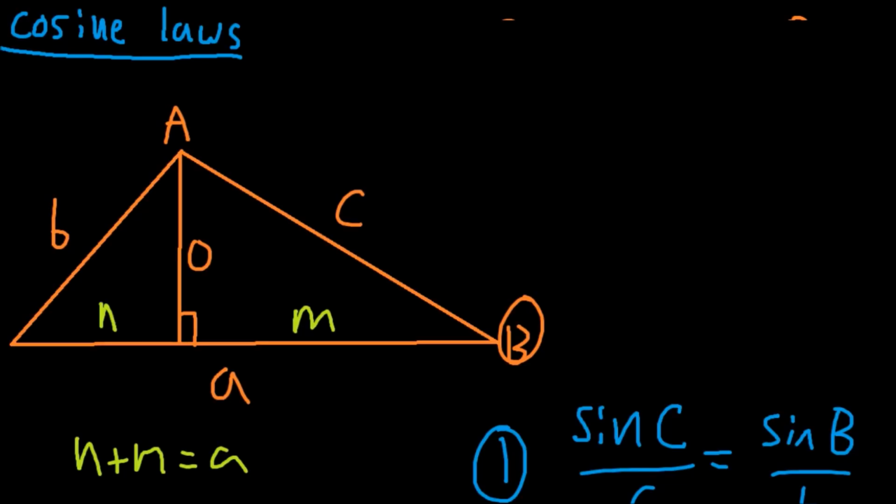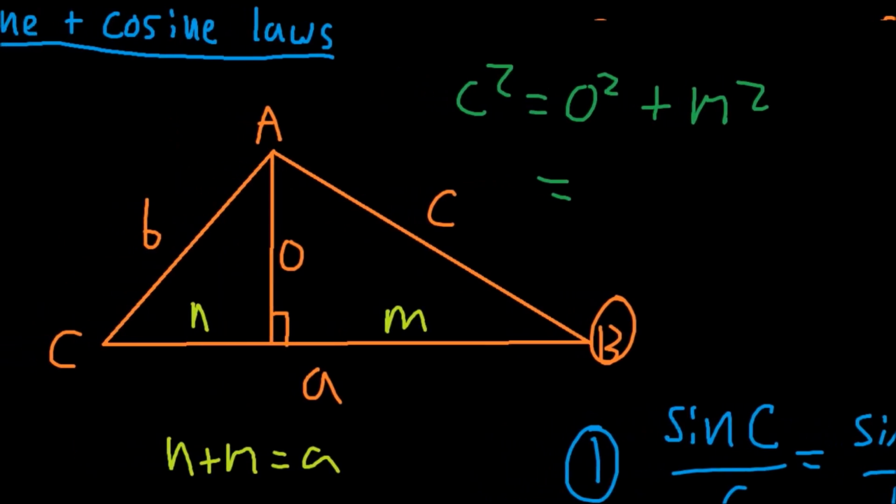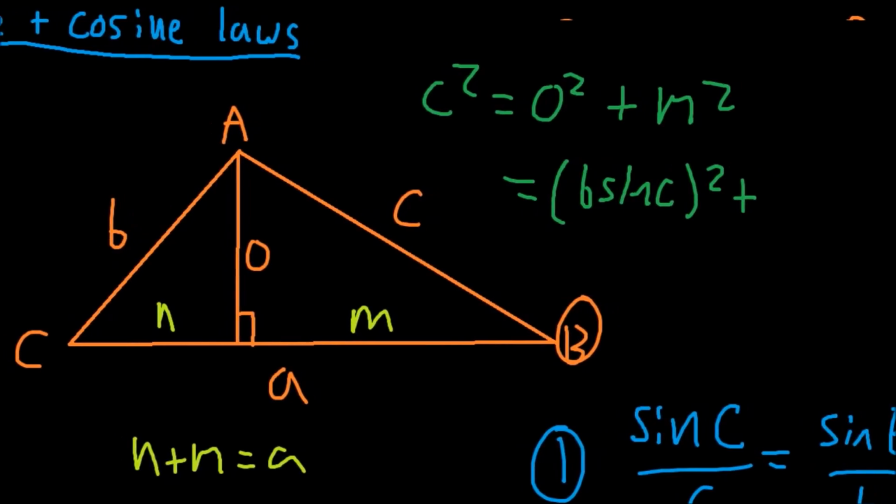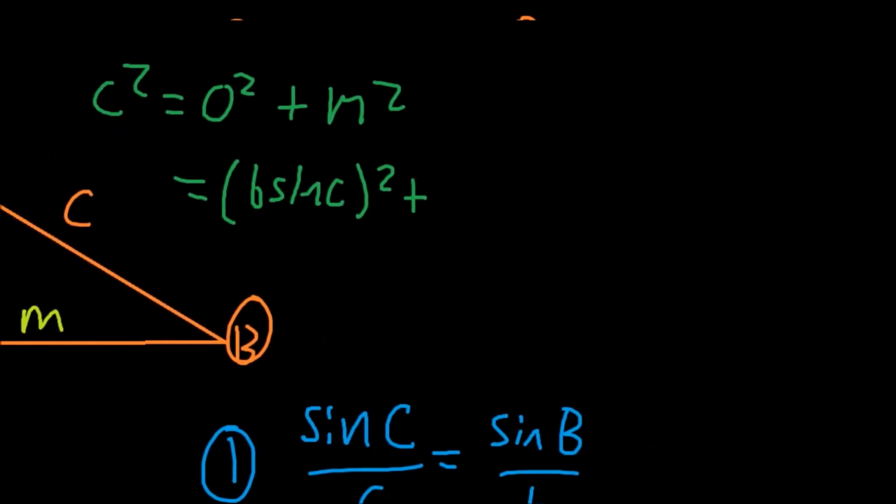Okay, so what we can see is that C, being the hypotenuse of this triangle, equals O squared plus M squared. If you remember, we showed that O equals B times sine C. So let's write that down. B sine C squared plus, and M is going to equal A minus N, all squared.